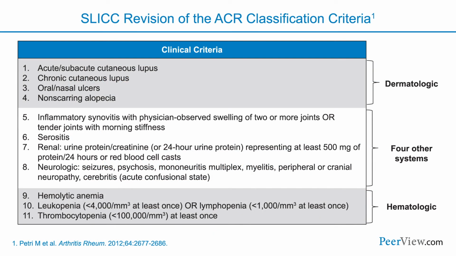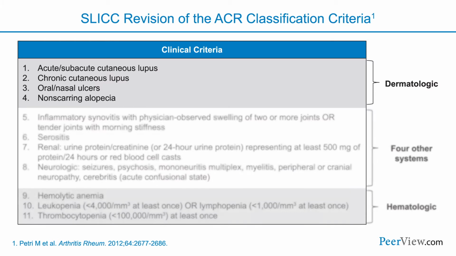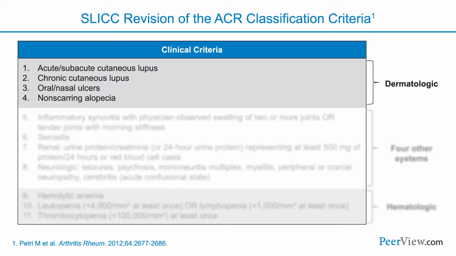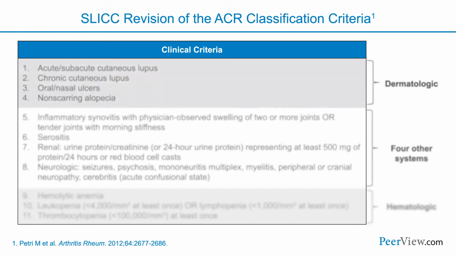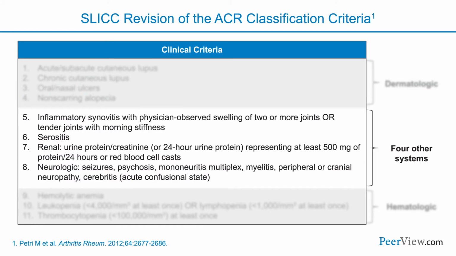Here are the clinical criteria that are part of the SLICC classification criteria. The first 4 are the dermatologic manifestations: the acute lupus rash, the chronic cutaneous lupus rash, oral or nasal ulcers, and the non-scarring alopecia that we saw in the photograph. The next 4 are 4 other organ systems: the musculoskeletal system, serositis, which can present with pericarditis, pleurisy, or even sometimes ascites, renal lupus, and neurologic lupus.